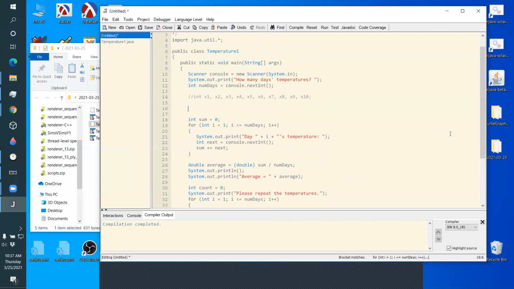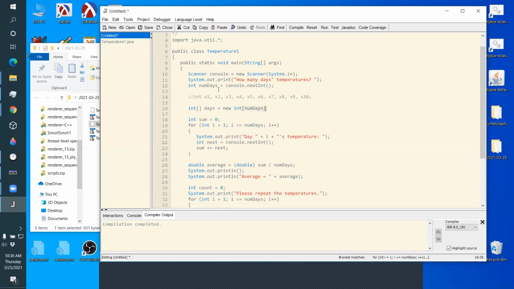I say int, and I use square brackets. The square brackets mean that I'm going to create an array of integers, and I'm going to call them days. Then I say new int, square bracket, and then I say how big this array is. The size of the array is num days.